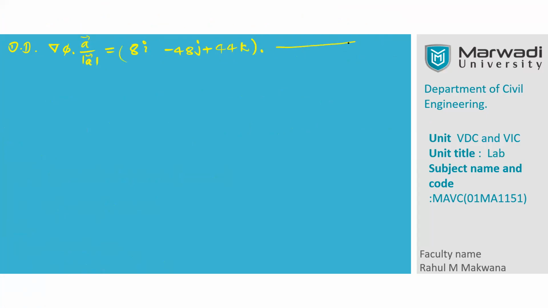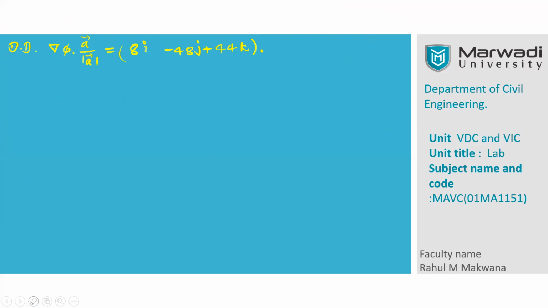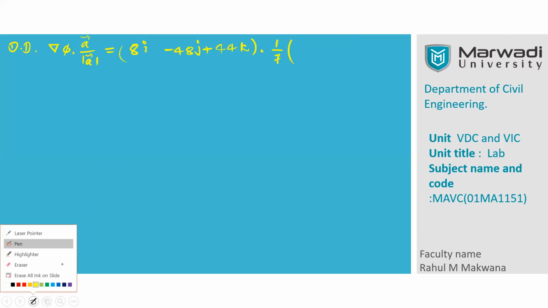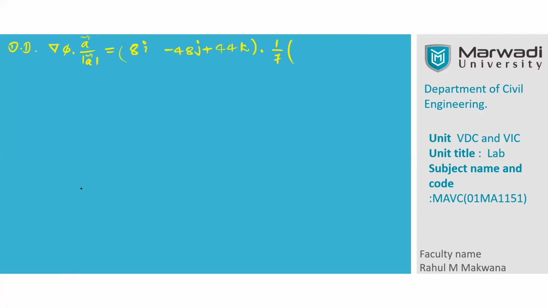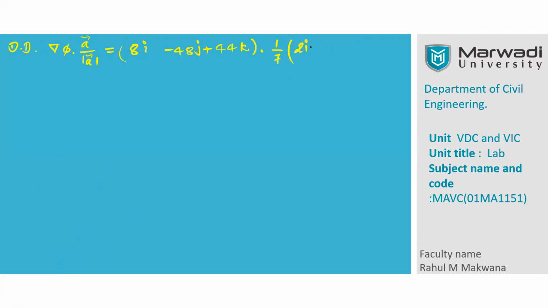Dot product with 1/7 as magnitude, where the vector is 2i, 3j, 6k.